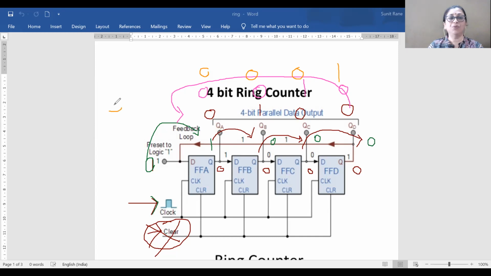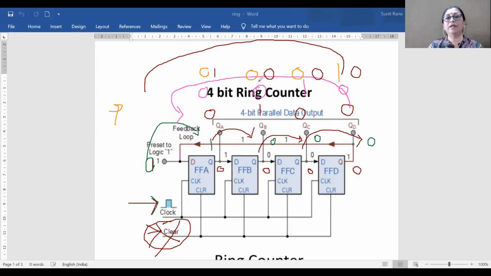Now once again, if you apply a clock pulse to this ring counter, you will observe the previous state repeated, because this 1 will be given back to your first flip-flop. So your first flip-flop, flip-flop A, is now 1, flip-flop B is 0, flip-flop C is 0, and flip-flop D is 0.